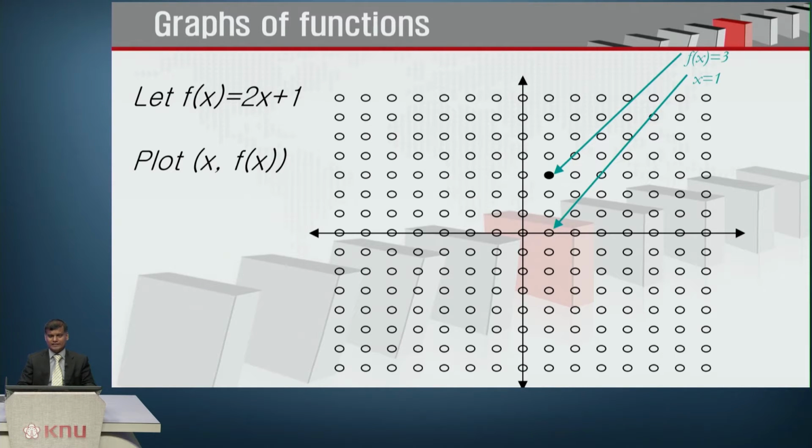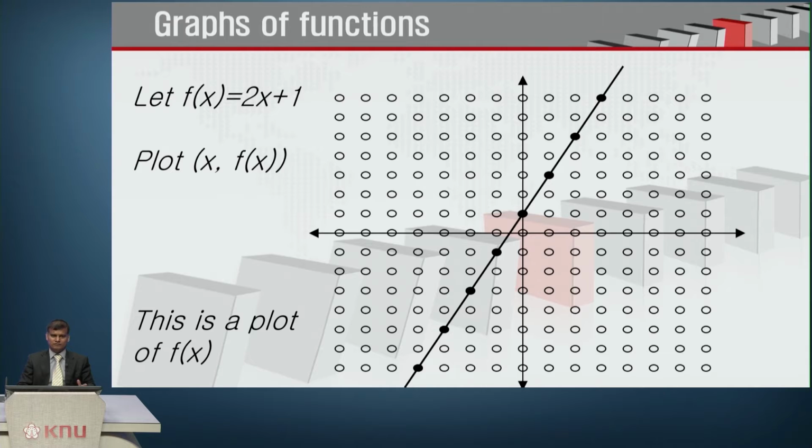And if x is 2, then your f of x is going to be 5. Likewise, if you plug in values for x, you are going to plot the whole graph. That line is our graph. We have plotted the graph of f of x.